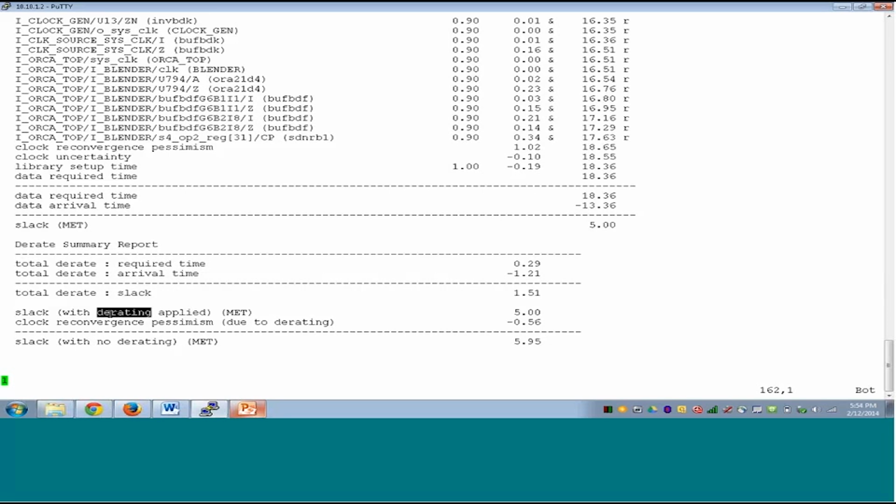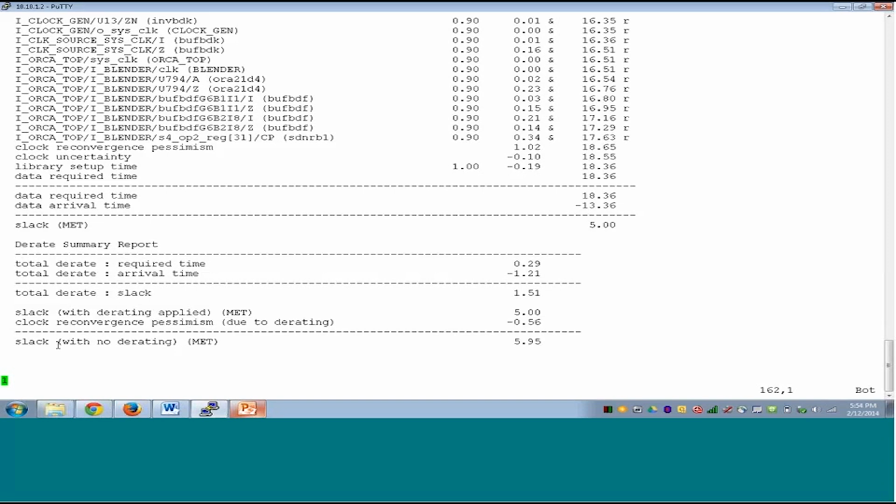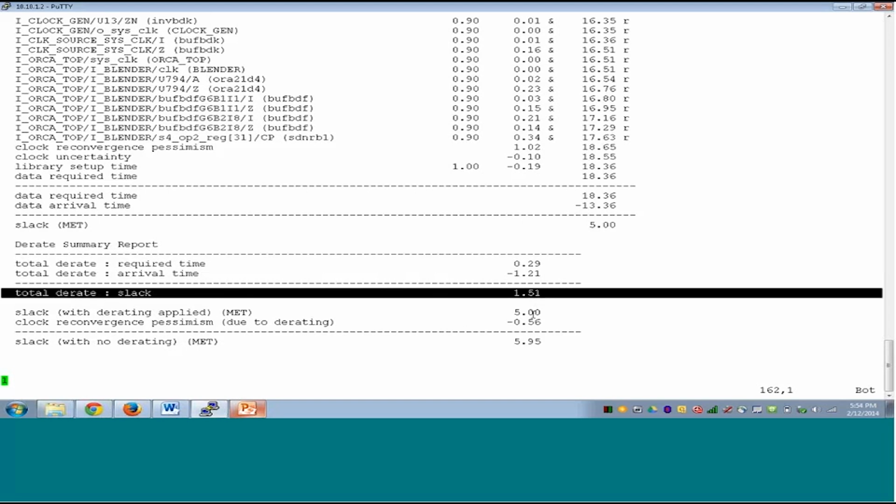Slack with derating applied is 5. CRPR due to derating is minus 0.56. Slack with no derating, that means if there was no derating, what would have been the slack? The slack without derating is 5.95. How did it come up with this number? 5.95. So this is the total slack derate.